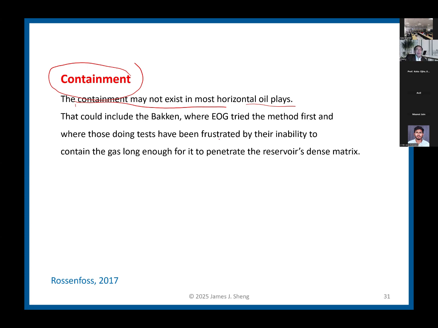And so this well have okay, but the problem is some wells like Barking, Eagle Ford, try the method and find those doing tests have been frustrated by their ability to contain. So field results still show injected gas easily breaks through to neighbor wells.